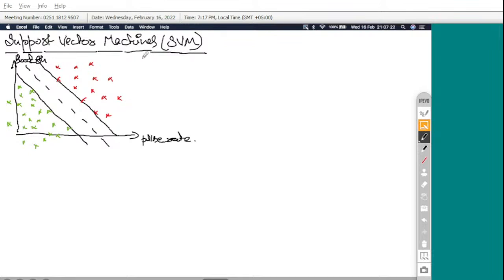So how will support vector machines do the classification? It will look for the best hyperplane that can separate the classes at its best. We will see how to get this best fit hyperplane.